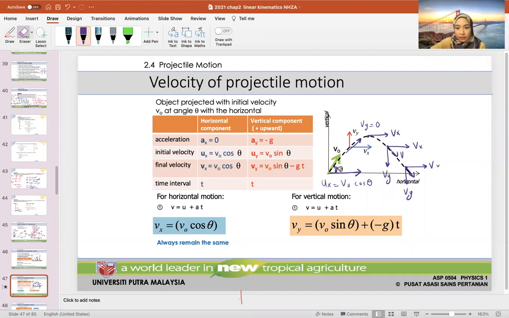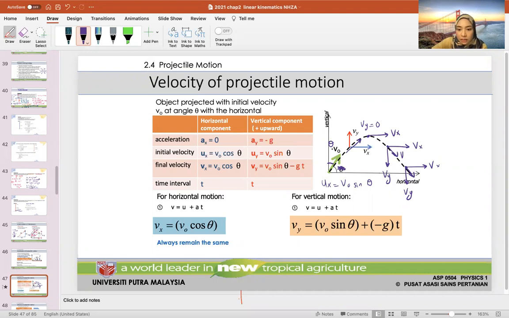What if my theta is not there, but it is here? What should my ux equation be? Sine, right? So it should be V naught sine theta. Whoever touches the angle gets the cosine.